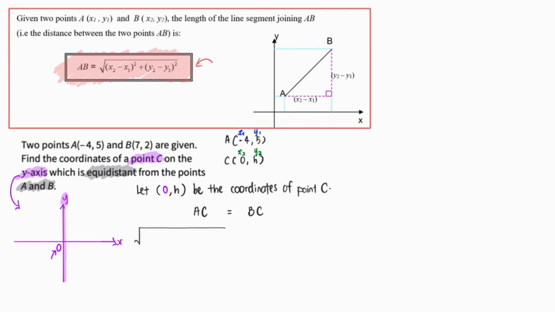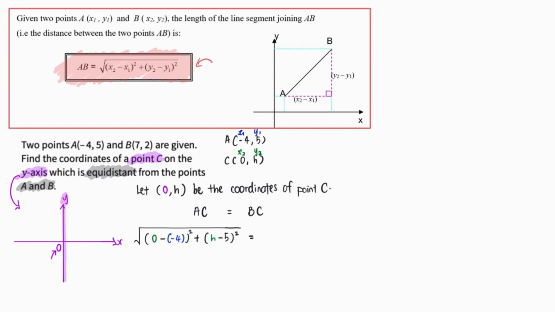And that's where you will see me writing this down. 0 minus -4 bracket square plus h minus 5 bracket square. That is for my AC.